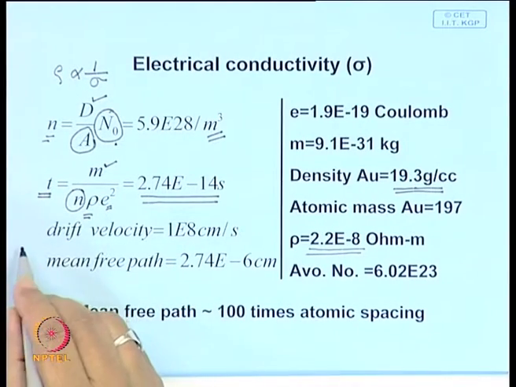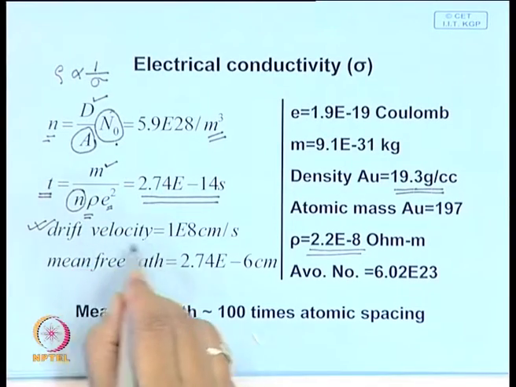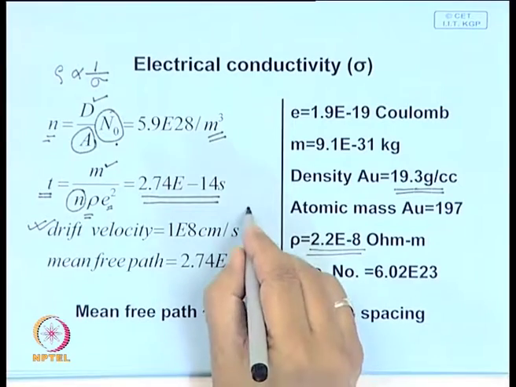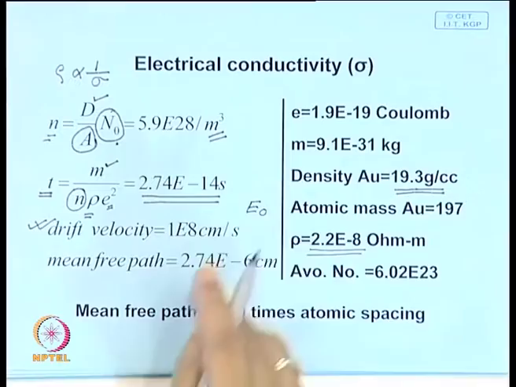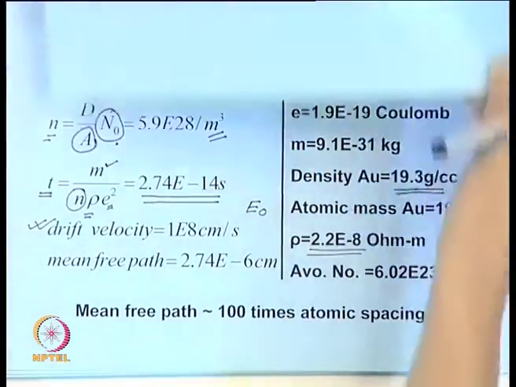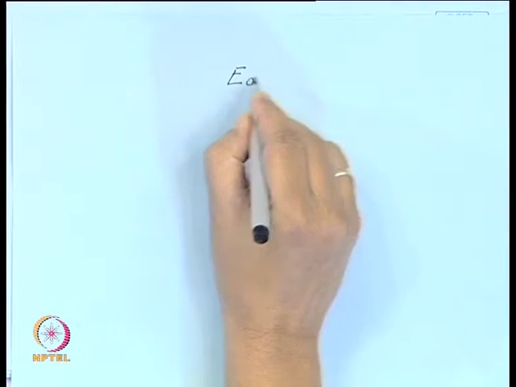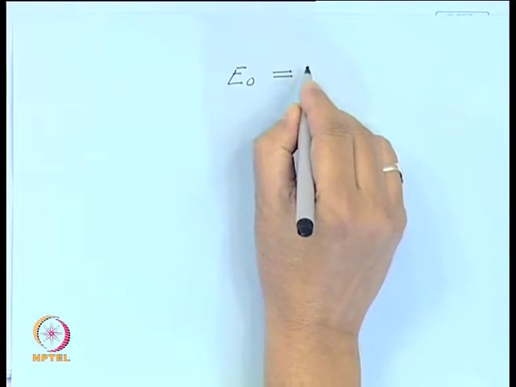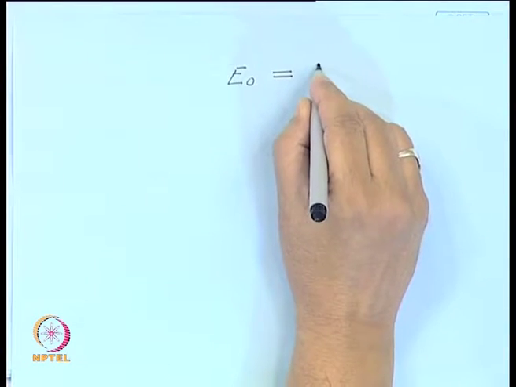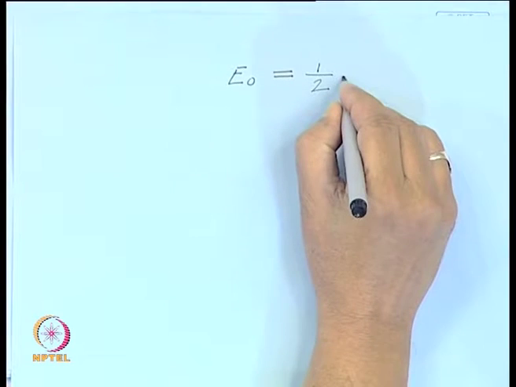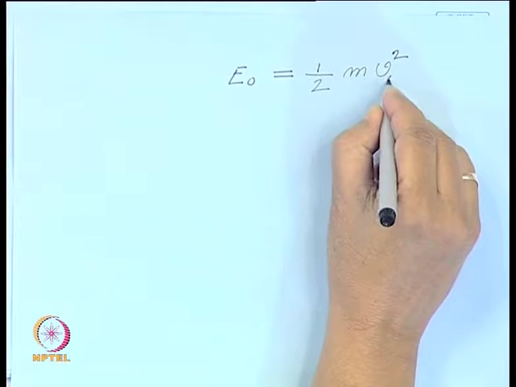Now, let us try to find out the drift velocity. It is possible to calculate the velocity from the Fermi energy E naught. In fact, if you look at the Fermi energy, the entire energy is due to the kinetic energy of the electron, and this is equal to half mass of electron into velocity square.